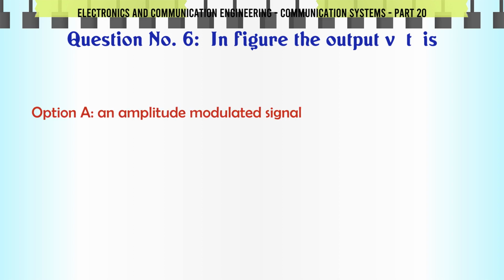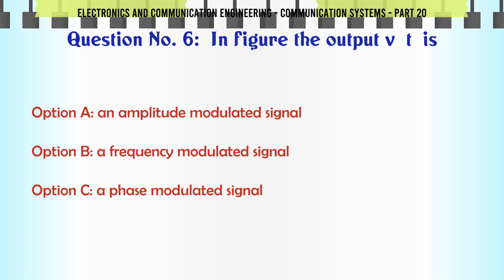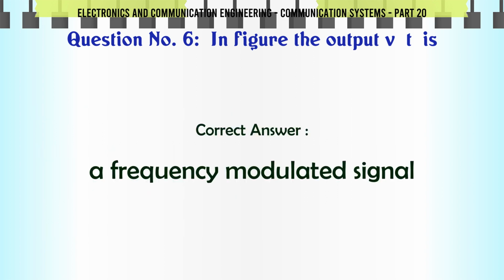In figure, the output v(t) is: A, an amplitude modulated signal; B, a frequency modulated signal; C, a phase modulated signal; D, none of the above. The correct answer is a frequency modulated signal.